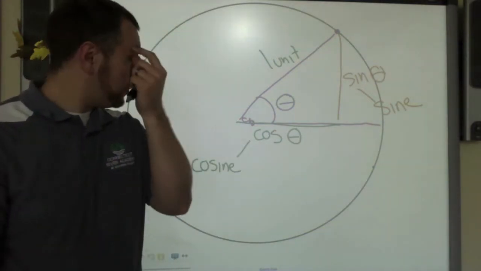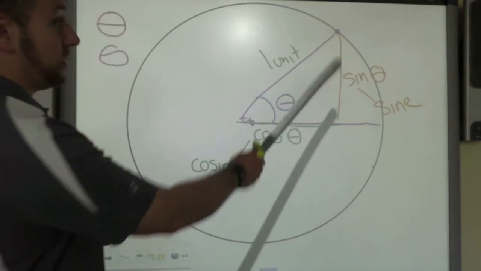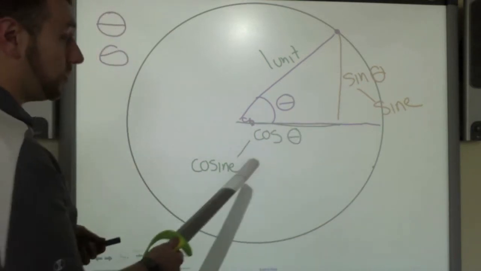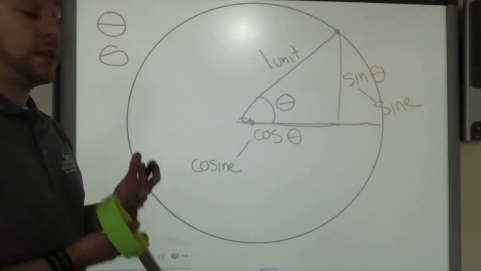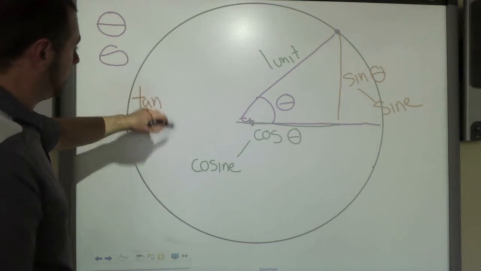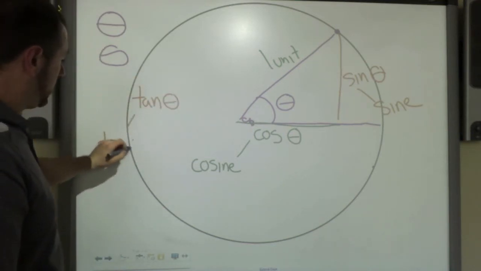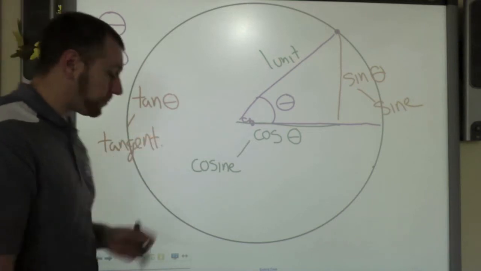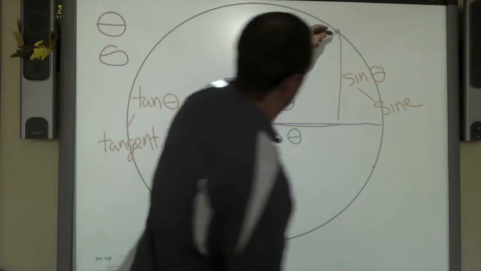Now, there's 3 basic trig functions. There's the sine function, there's the cosine function, and then they also use the tangent function. The tangent function of any angle, or tangent, means that it's the slope of this line, okay?